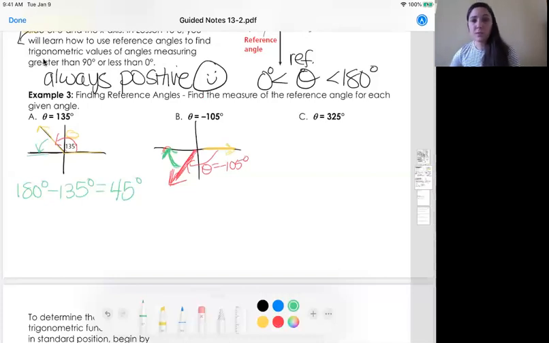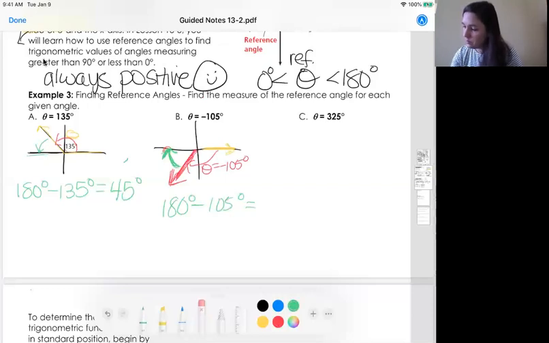So in this case, once again, I've got 180 degrees. We've taken away 105 of it. So if I have 180 degrees, I subtract 105 degrees. Actually, I'm going to draw this.